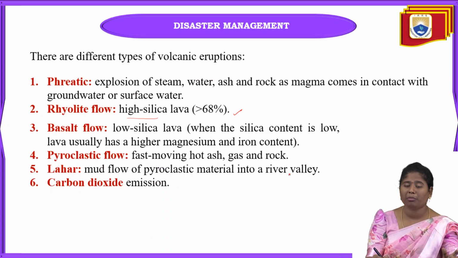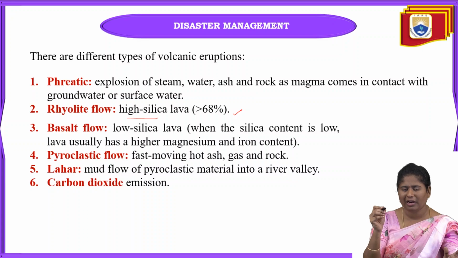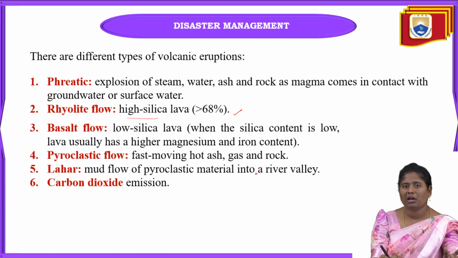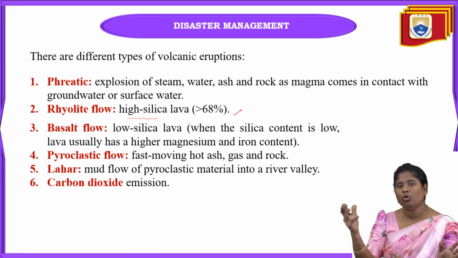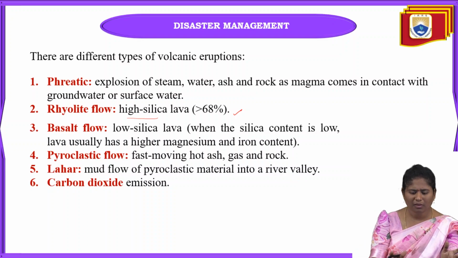After the eruption, these lahars are created along their path. The mud flow is released just like the pyroclastic flow, and it will go into the river valleys. That is the type of volcanic eruption known as lahars.